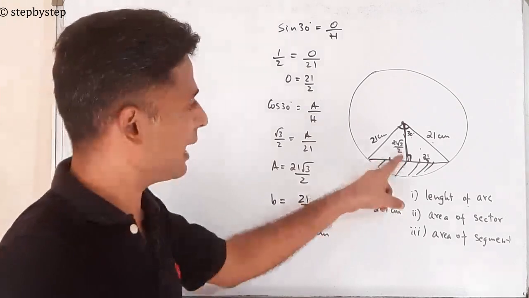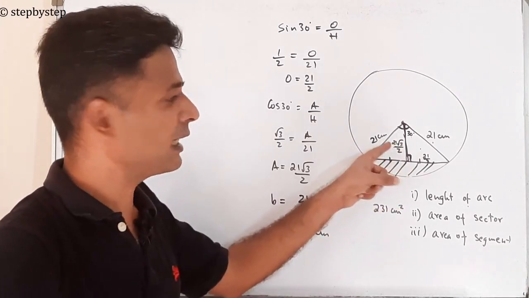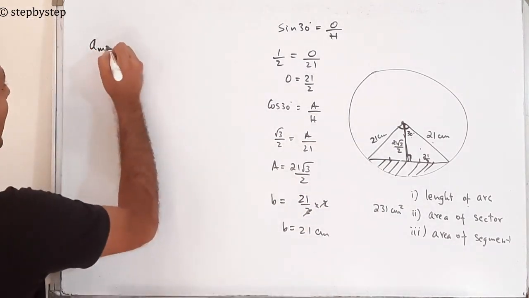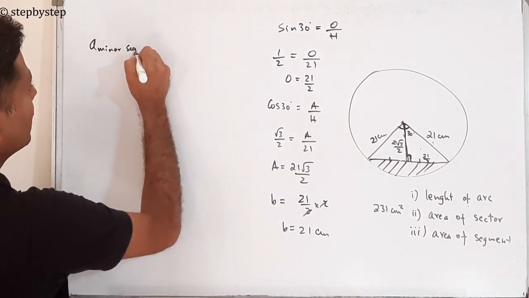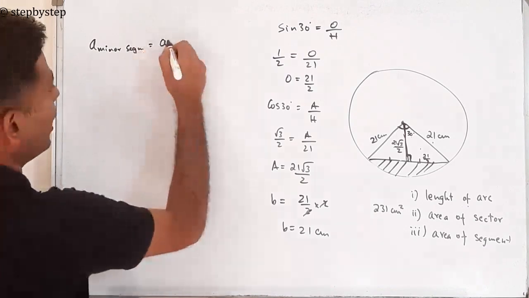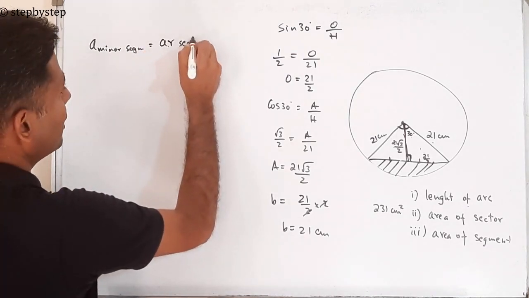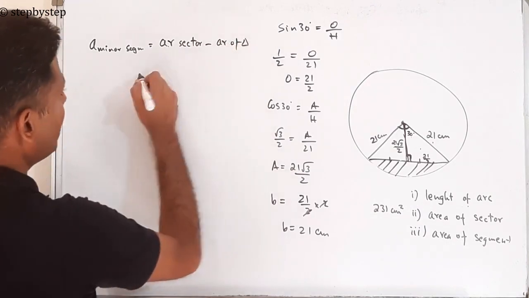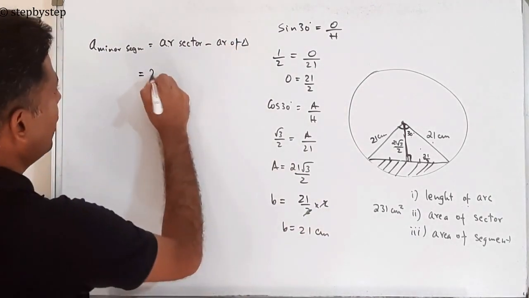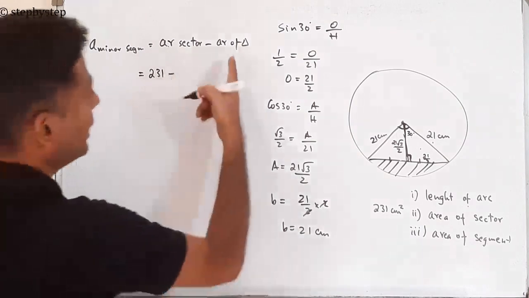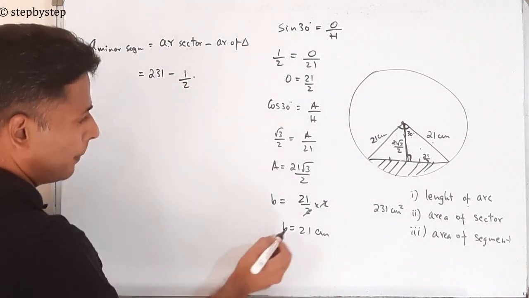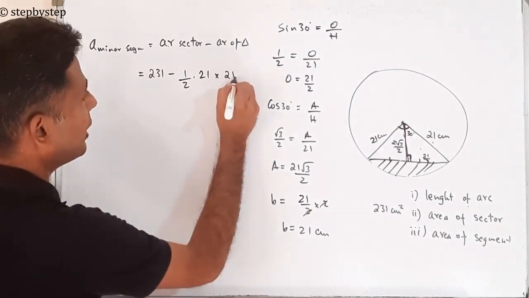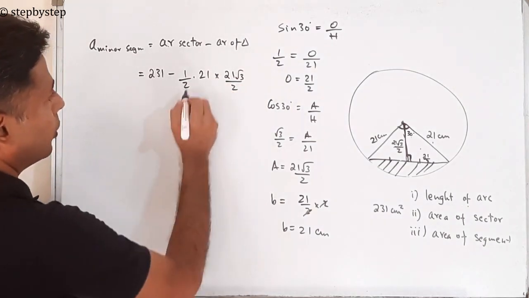Now we know the height of the triangle, we know the base of the triangle, we can find the area of the triangle. So what will be the area of minor segment? It will be equal to area of sector minus area of triangle, right? Now area of sector we already have 231 minus area of triangle is half into base, that is 21 into height, which is 21 root 3 by 2.